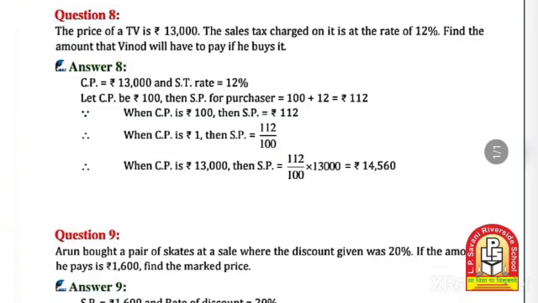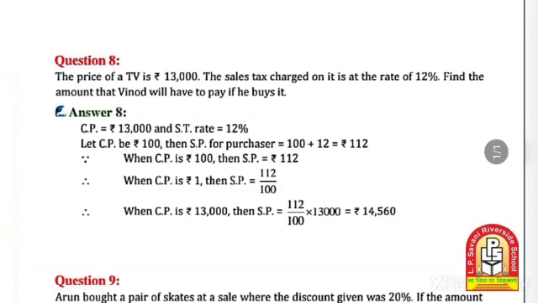Then question number 8. In question number 8, the price of a TV is rupees 13,000. The sales tax charged on it is at the rate of 12%. Find the amount that Vinod will have to pay if he buys it. So here the cost price of the TV is rupees 13,000 and sales tax is applicable at 12%.